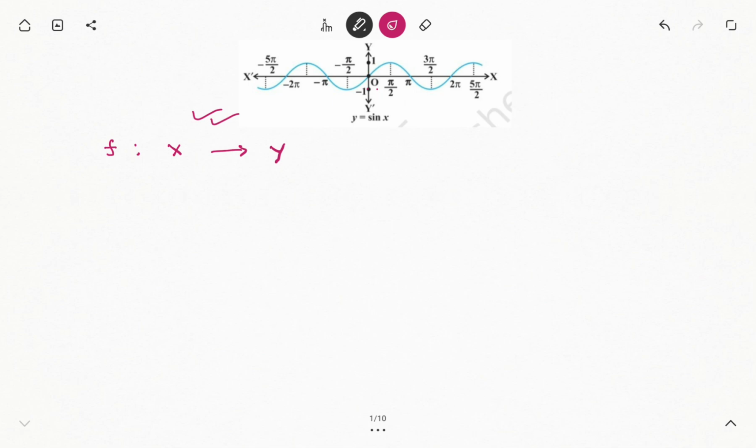One is a very classical method: x1, x2, two elements belonging to the domain of the function. Domain is this set, the left hand side set. If the images are same, we have to show that the elements are also same.